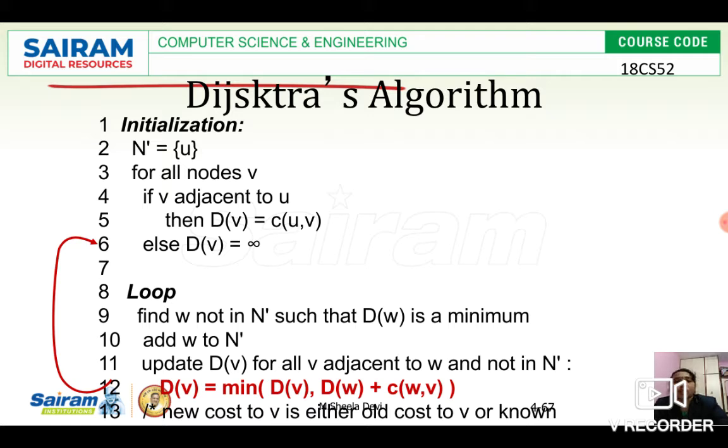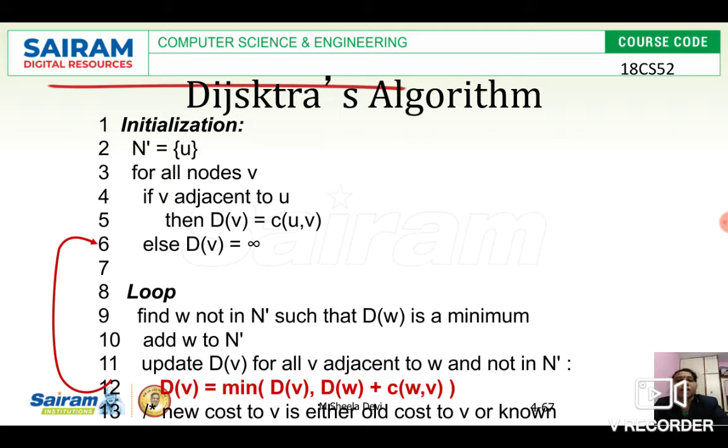For all nodes v, if v is adjacent to u, that is, directly connected to u as a neighboring node, we just write the cost c(u,v), whatever the cost is. If the source node is not directly connected to a node in the network, then we make it infinity.